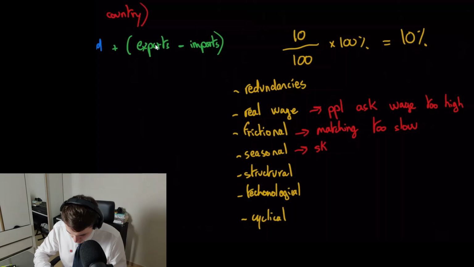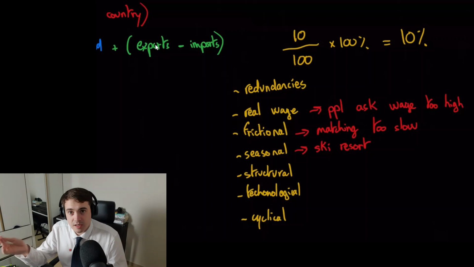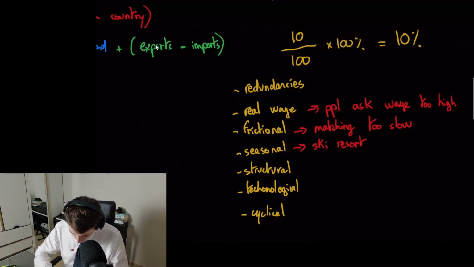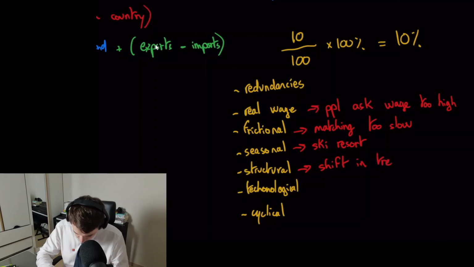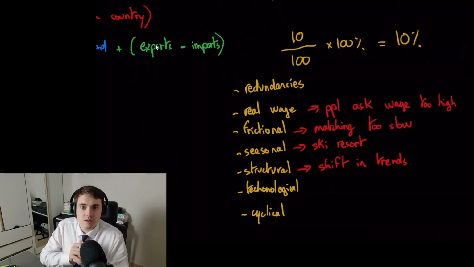Seasonal, think about the ski resort or the beach holiday place, tourism. The rest of the year, you're basically without a job. Structural is a shift in trends. So shift in trends or shifting in the industry in general.